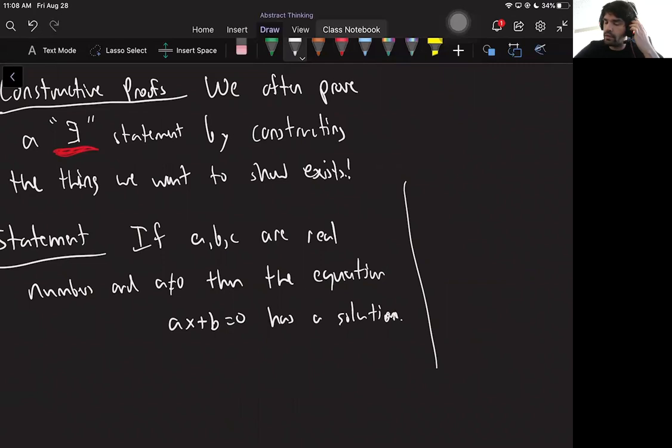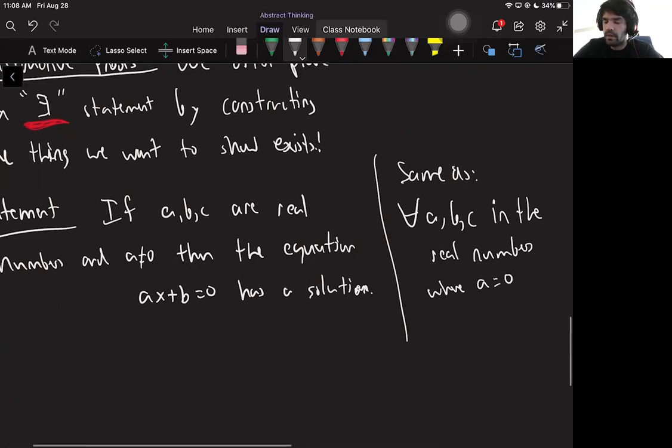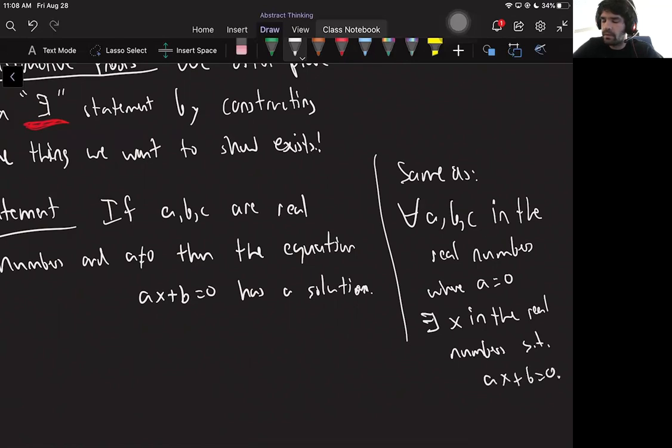You could think of it as for any a, b, c in the real numbers where a is not 0, you could think of this as a multiple quantifier. For any a, b, and c in the real numbers where a is not 0, there exists an x in the real numbers such that ax plus b equals 0.